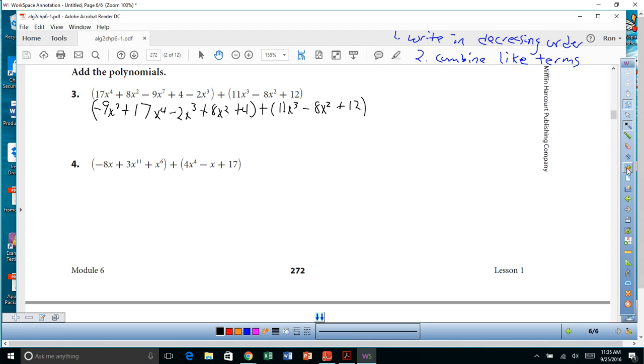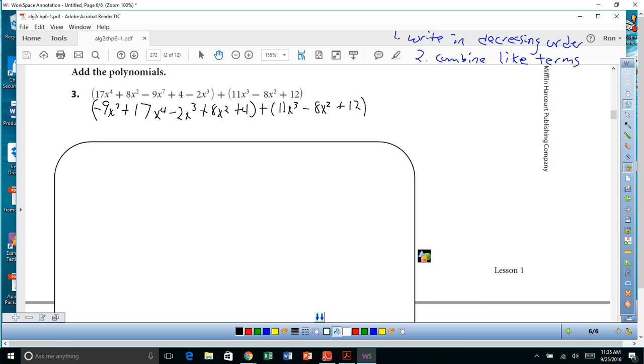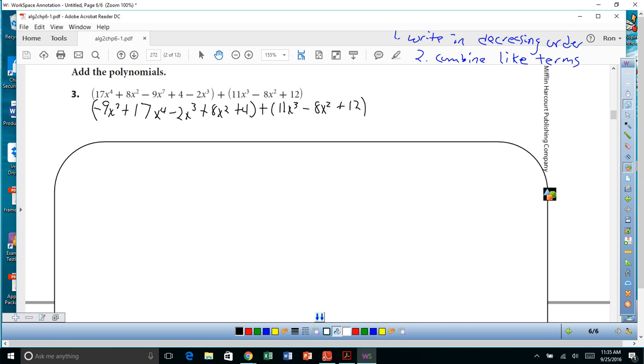All right. Now I'm going to kind of cover this up over here, number 4, so I don't write over the top of it and you won't be able to see it. Step 1, write in decreasing order. 2, combine like terms. So what do we got? We've got a negative 9x to the 7th.